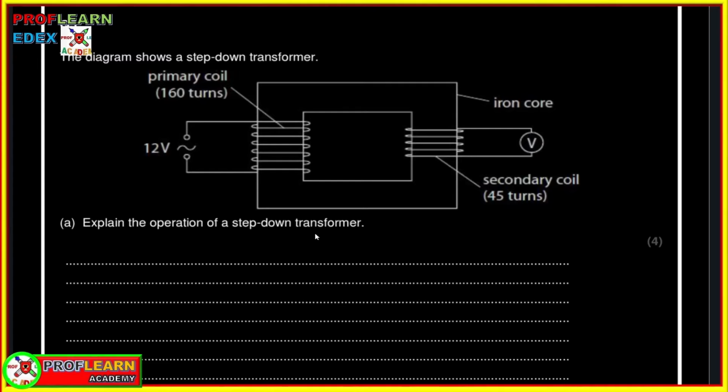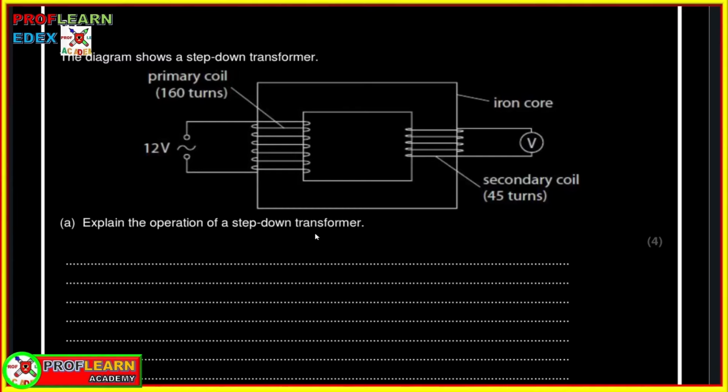So a transformer cannot work with direct current because direct current produces magnetic fields which are constant. For a transformer to work, you must have alternating current, which creates magnetic fields constantly changing size and direction, and those fields cut across the secondary coil, inducing a voltage in the secondary coil through electromagnetic induction.